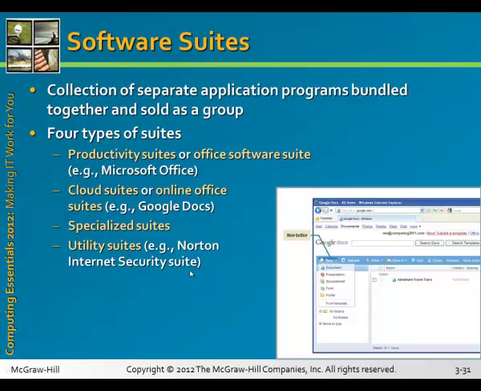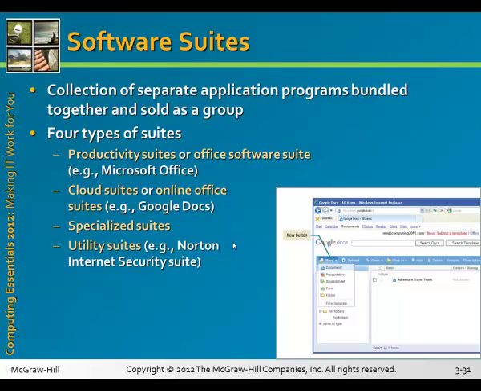Software suites: Microsoft Office is pretty much a collection of software suites. Google Docs, I would not consider it, it's kind of an online document suite, but we're talking about application software that you have to install for right now. But this slide took it a step further with Google Docs, which going into the cloud is pretty much like application software, if you buy things like the Google Chromebook.